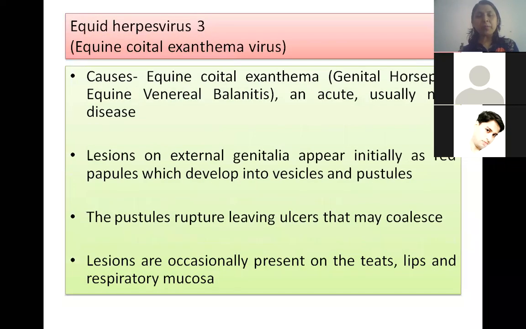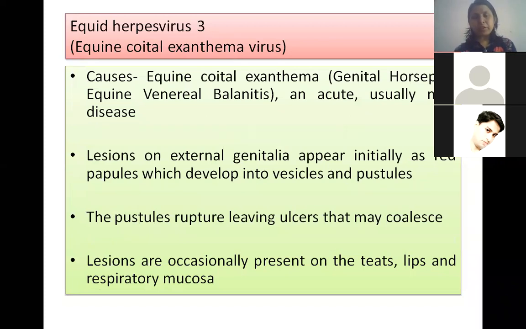Coming to equine herpes virus 2, which is also known as equine coital exanthema virus. It causes equine coital exanthema, also known as genital horse pox or equine venereal balanitis. Balanitis means infection of the penis.